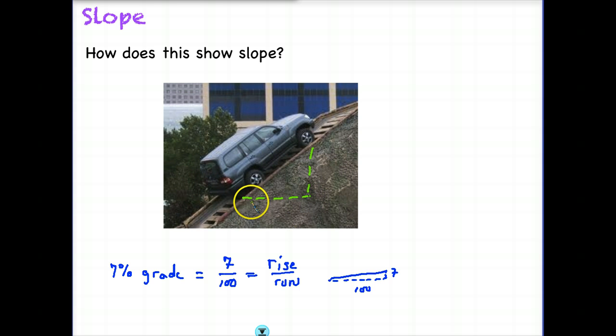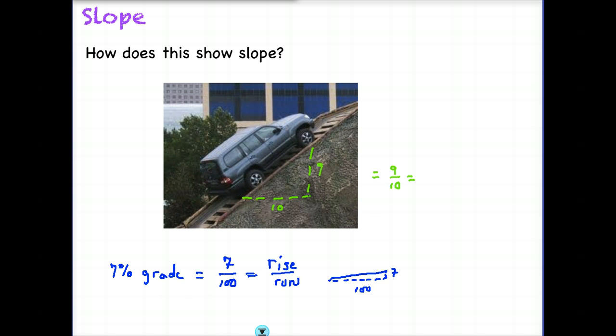Perhaps this is saying that for every 10 feet the car goes this way, it looks pretty steep this way. Maybe it's going up 9 feet here. And in that case, we would have an elevation of 9 over 10, or a slope of 9 over 10. If I were to convert that to be out of 100, I would multiply both the top and the bottom by 10. So let's do that.